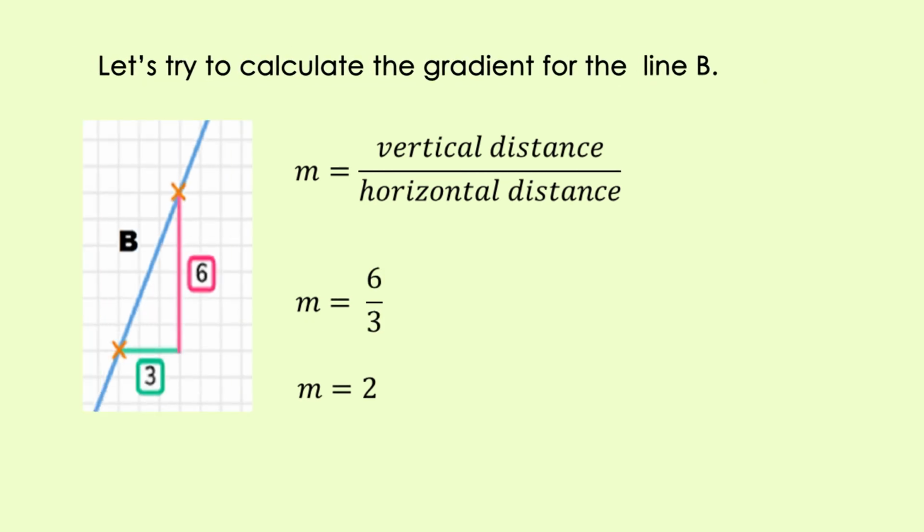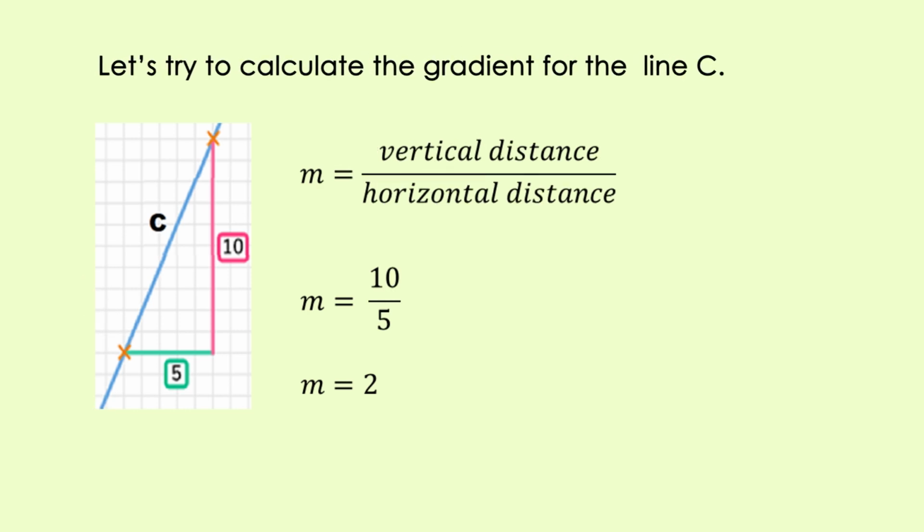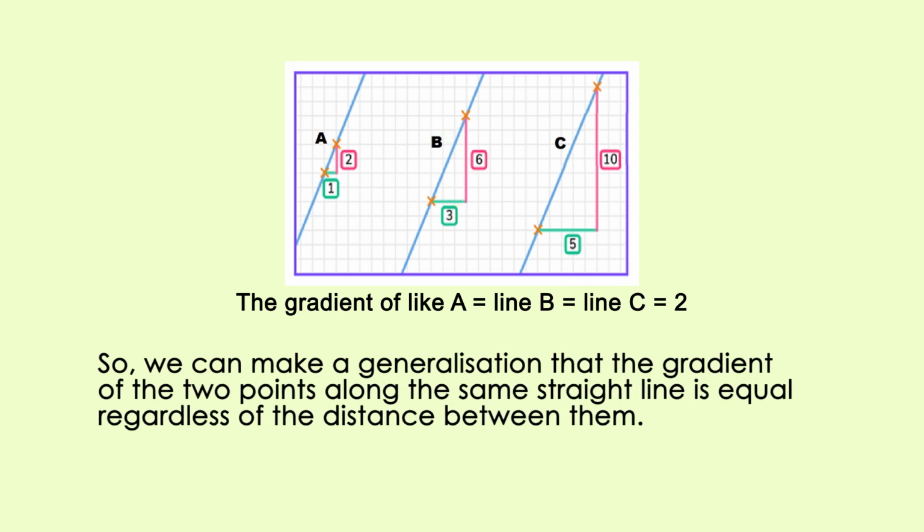For line B, m equals 6 over 3 equals 2. And for line C, m equals 10 over 5 equals 2. So, by calculation, we obtain the gradient of A equals B equals C, which is 2.